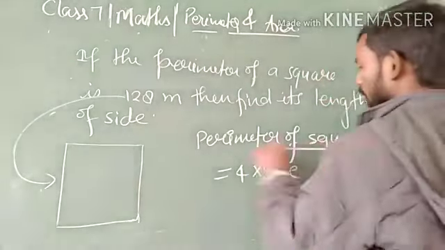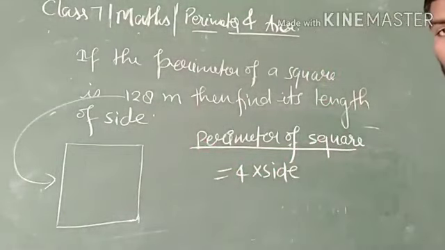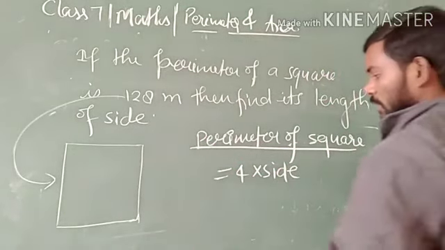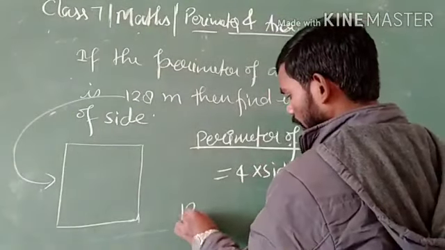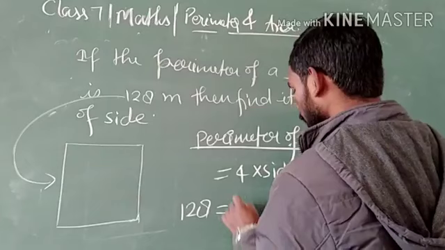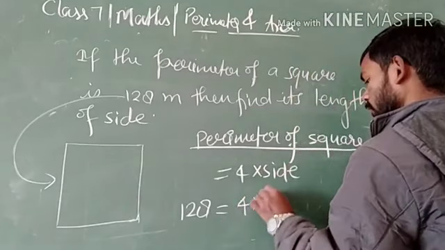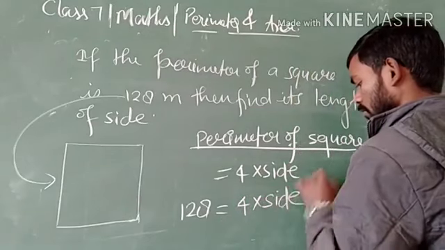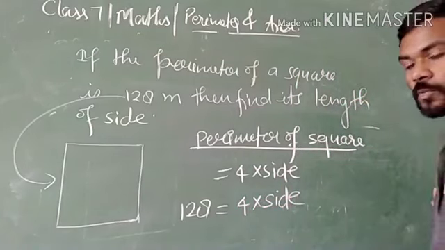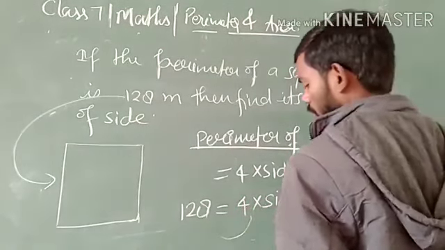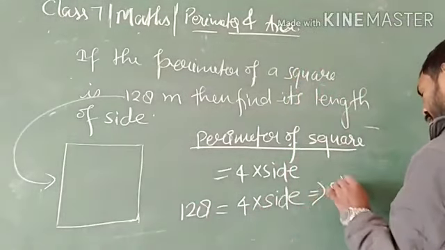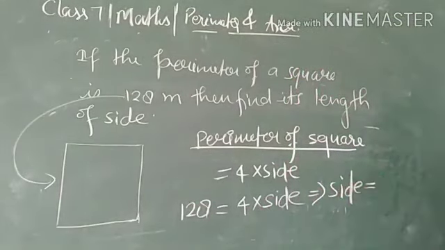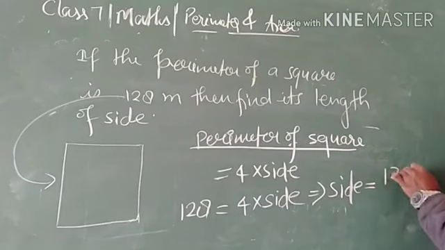The perimeter is given in the question, so here we write 128, and this will be equal to 4 times side. Now transpose 4 to the left side. So here we get side is equal to 128 upon 4.